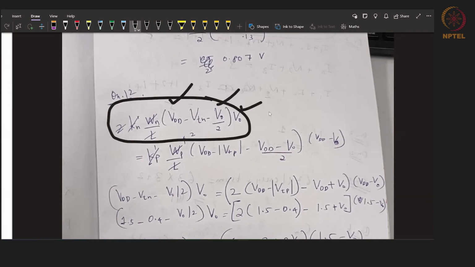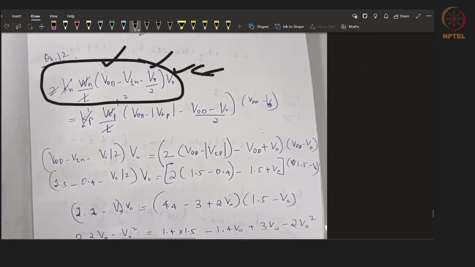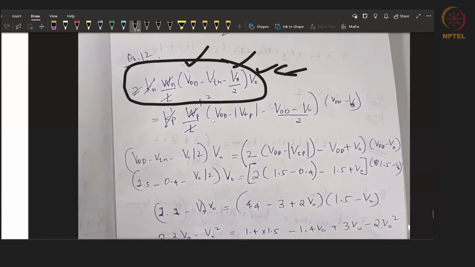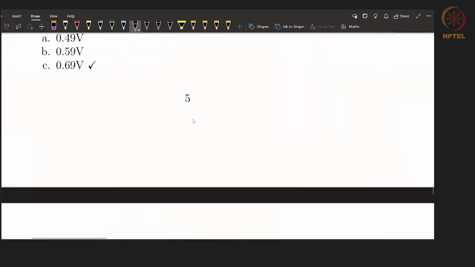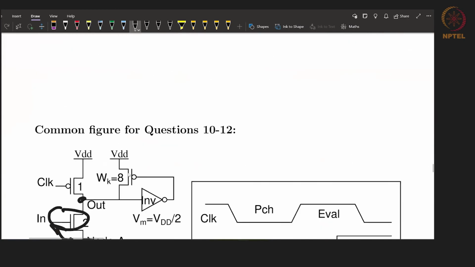So you can assume this to be your NMOS, and now for your PMOS again, you need to assume that VDD, this is VD, all of this in mod terminology, VDD minus mod VT minus (VDD minus V naught) by 2. So basically, take this particular PMOS and write down its expression.